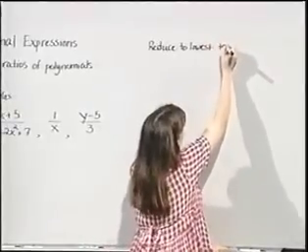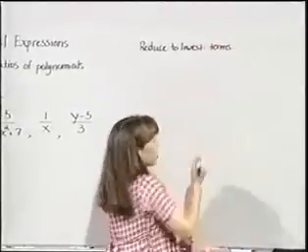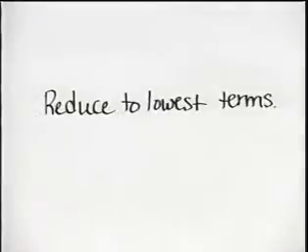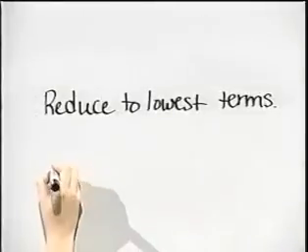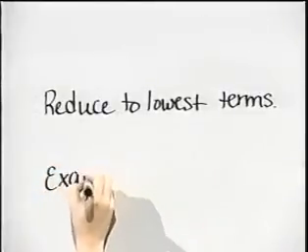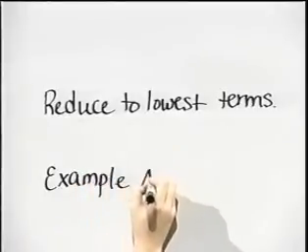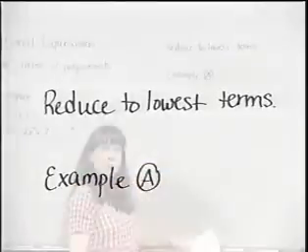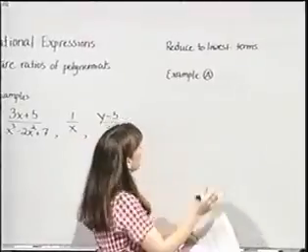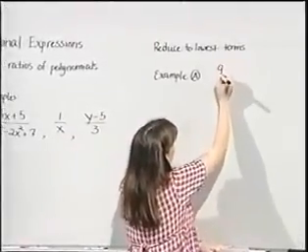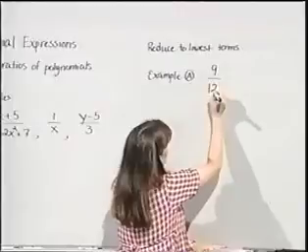Now to do this, I want you to recall how you reduce fractions to lowest terms. We'll look at an example, and this will be example A, and this is something we've all seen before, okay? Let's reduce the fraction 9/12 to lowest terms.